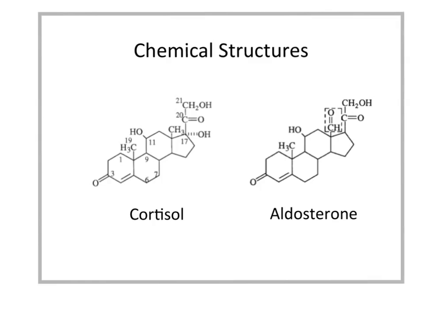Although I don't want to belabor structures here, I think it is very useful to note that these hormones are derived from cholesterol. You can see the cholesterol structure right there. But note that very tiny differences between the glucocorticoid cortisol and the mineralocorticoid aldosterone are seen primarily at this site here and this site here, if you compare the two, and these tiny differences in structure can lead to significant differences in the types of receptors that these hormones will bind.